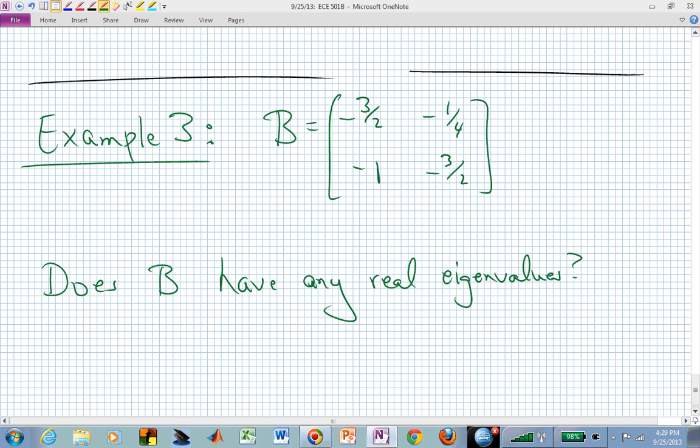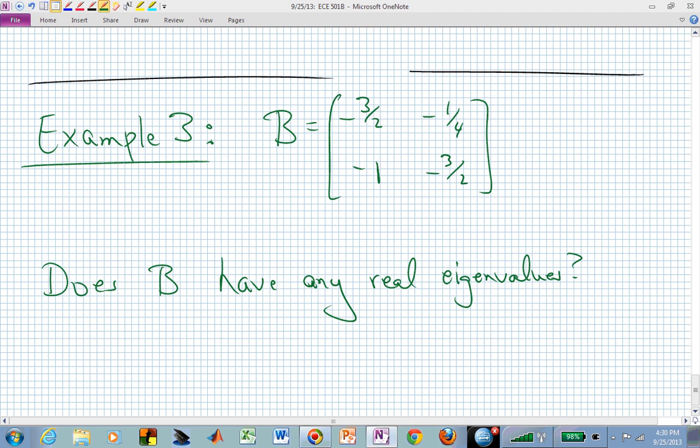It may end up with a characteristic polynomial that can't be factored into real roots. This is a 2 by 2 matrix. We should expect that we'll find a quadratic formula for the eigenvalues associated with that matrix, and it might be that that quadratic equation doesn't have real roots.